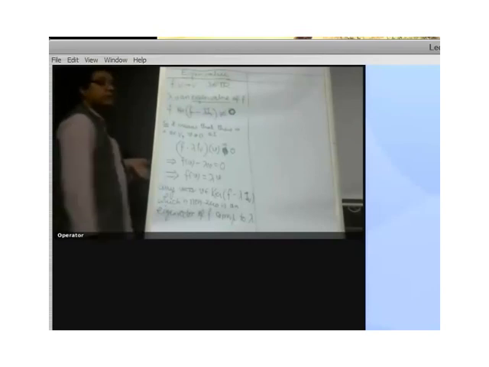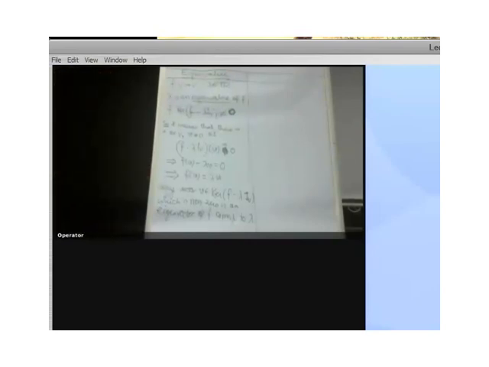So eigenvalue is a scalar. You can have an eigenvalue of a linear transformation, and each eigenvalue gives you some non-zero eigenvectors. So what are the eigenvectors? Nothing else but the kernel.